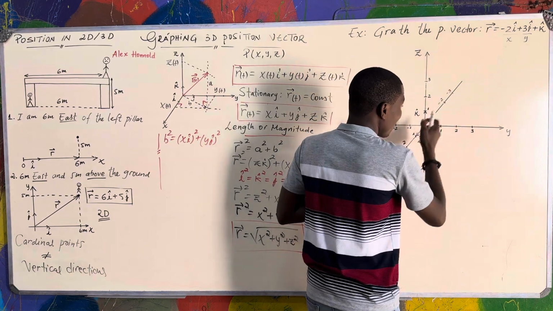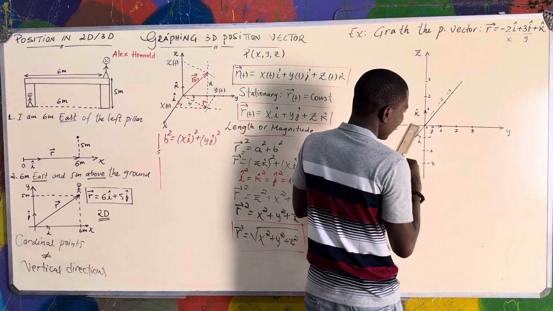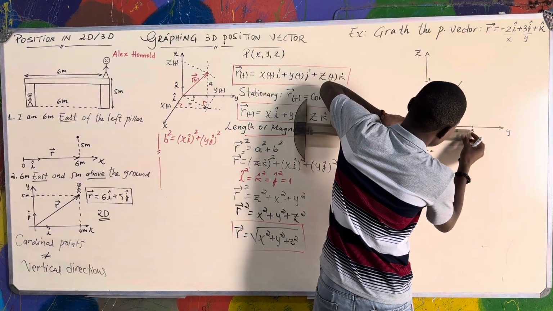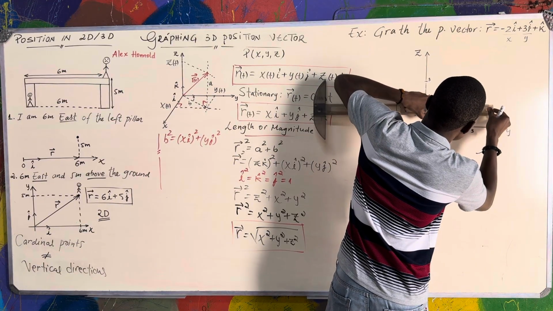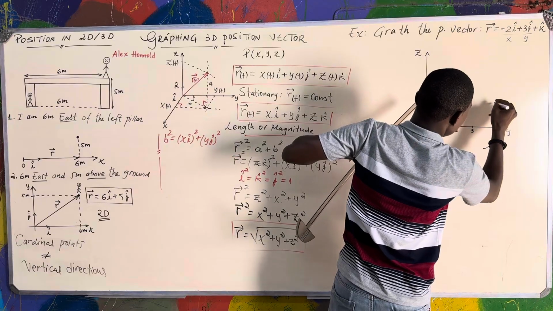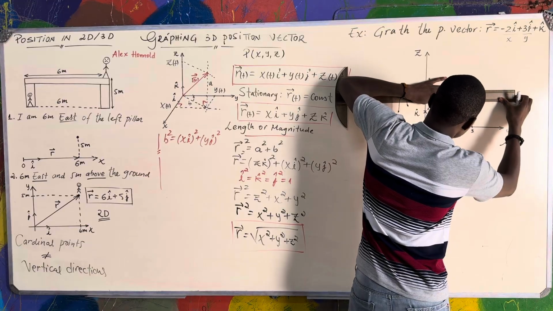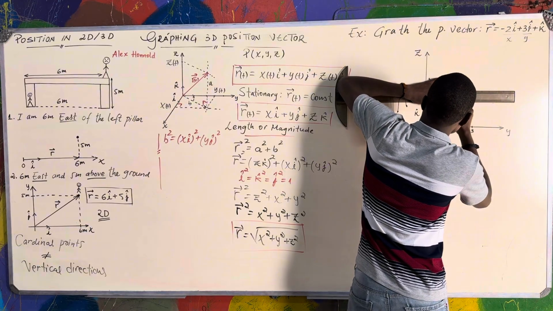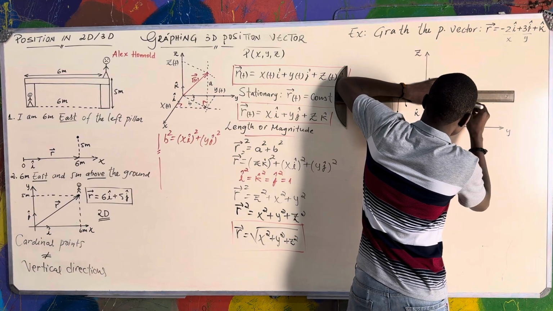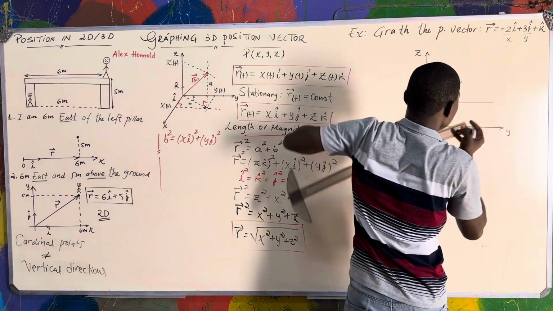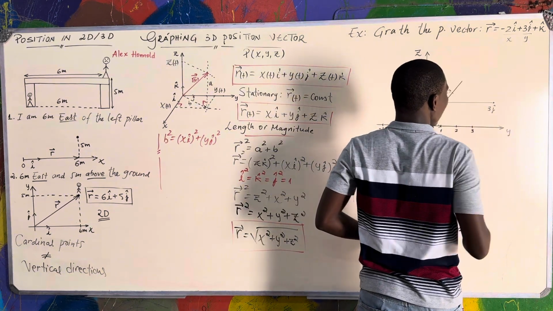We start from this point and go 3 j hat: 1, 2, 3 j hat, this length. So this will be something like this, this point here. Drawing 3 j hat, yes, this is another point.